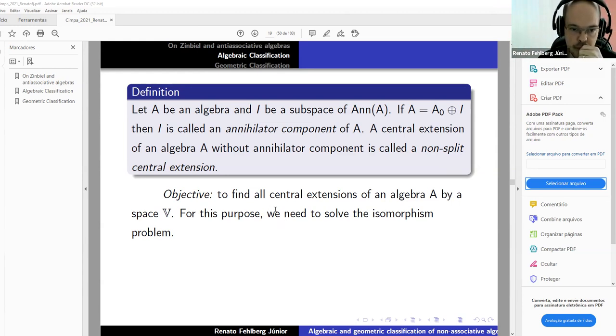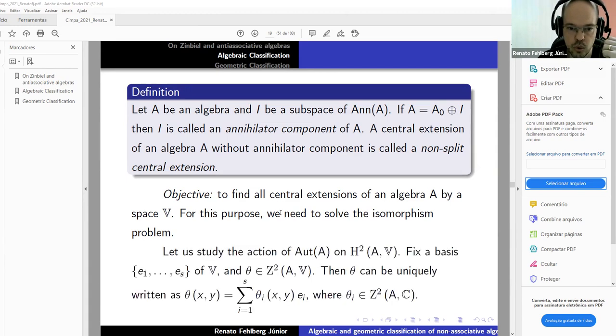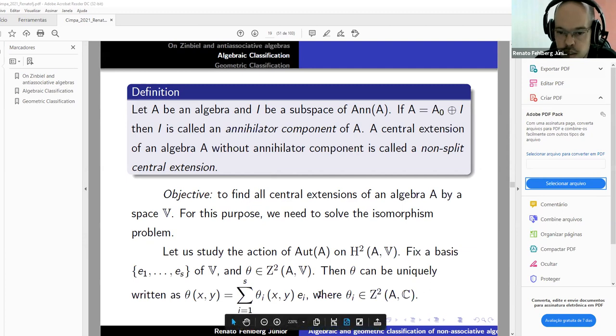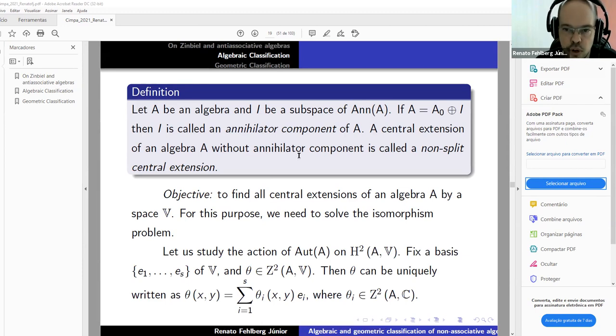So to solve this problem, we'll need to consider the action of the automorphism group. Okay, and here we also need to verify or try to avoid the central extensions that are split central extensions.